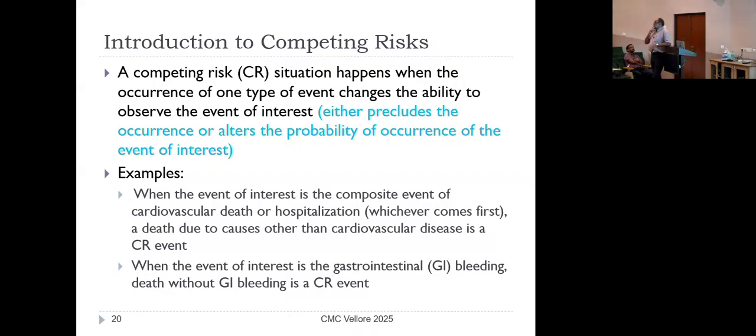That person, the second one in group A, is no longer eligible for having hospitalization for heart failure because they're dead. So death is competing with them. The risk of the event of interest is zero now. You cannot observe. Yes.